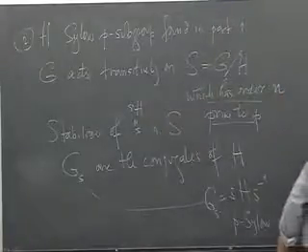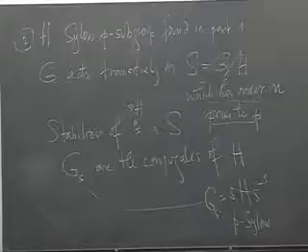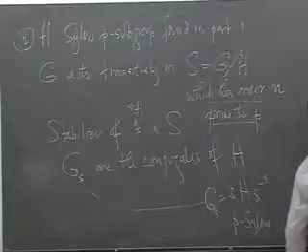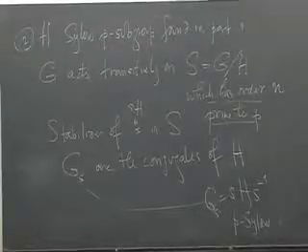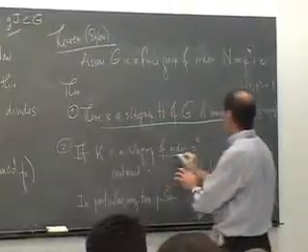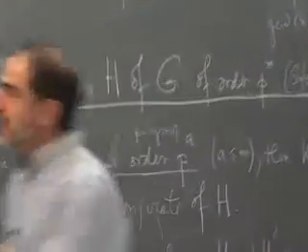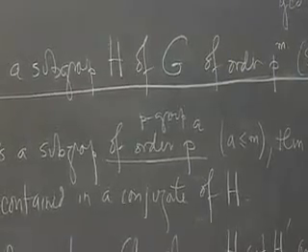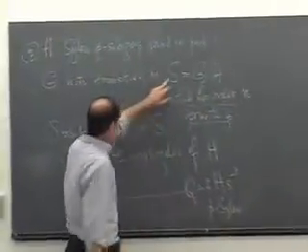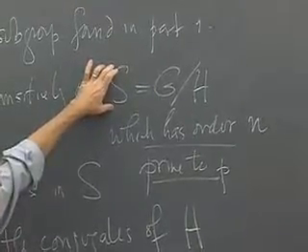Okay, now let's see why any p-group is contained in one of these. By the way, these things are called p-groups, groups of order p to the a. So we found one Sylow group. I claim that its conjugates are the stabilizers of other points in this set for the left action.